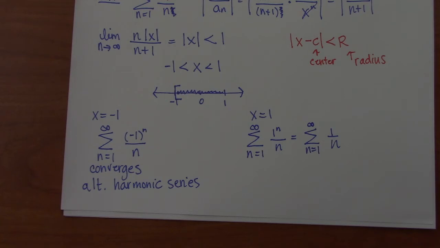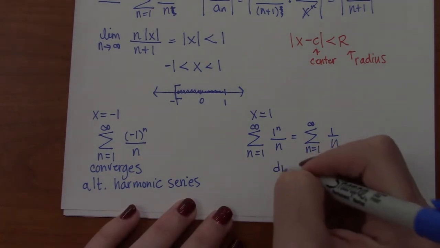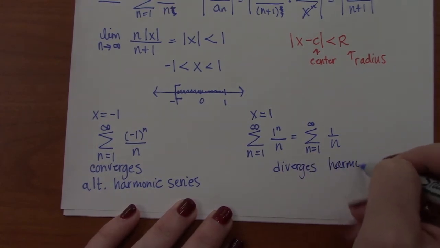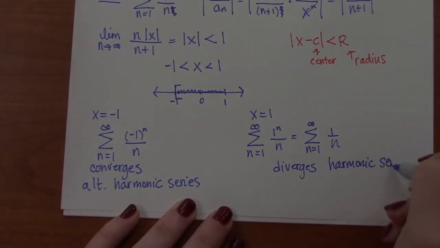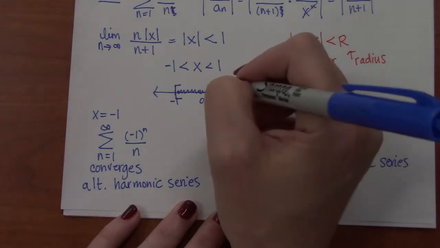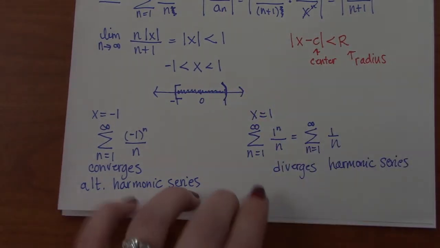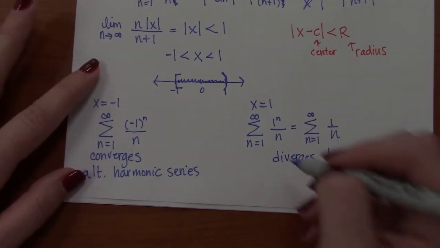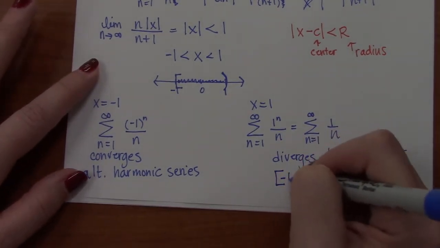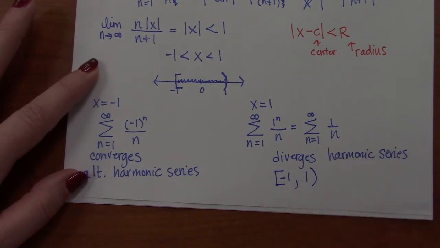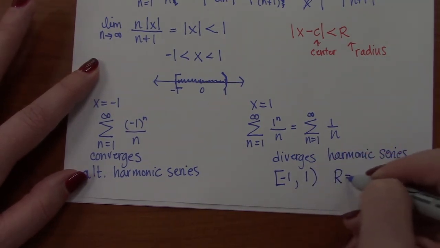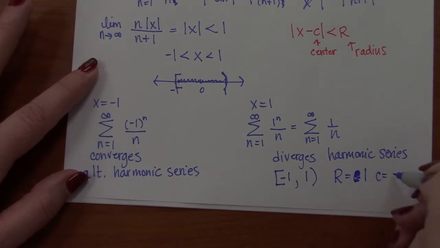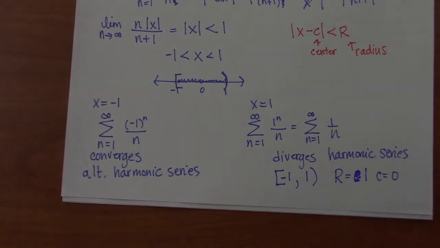And so we know the harmonic series diverges. So that means I don't include that endpoint and I put parentheses around that. So your interval of convergence is -1 to 1, including -1 but not 1. And we can see that the radius is 1, right? And it's centered at 0.